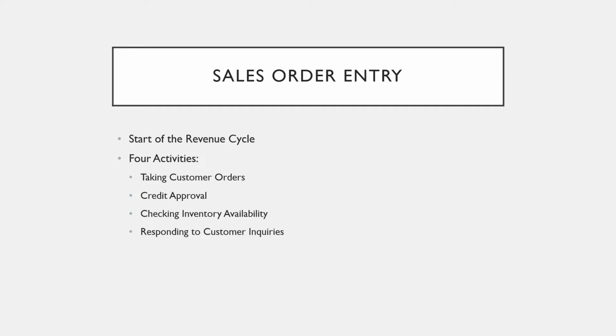The final and fourth activity, responding to customer inquiries, can swing either way. It can go to sales order entry, but it can also be given to the marketing team as well. But for the sake of discussing the revenue cycle, we will include responding to customer inquiries in our sales order entry process.